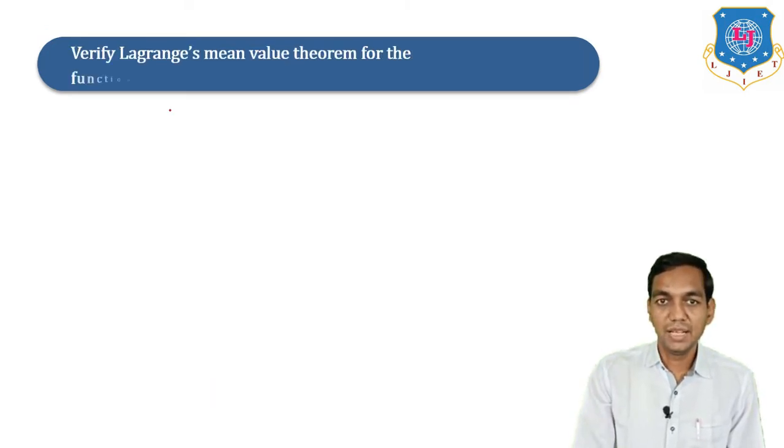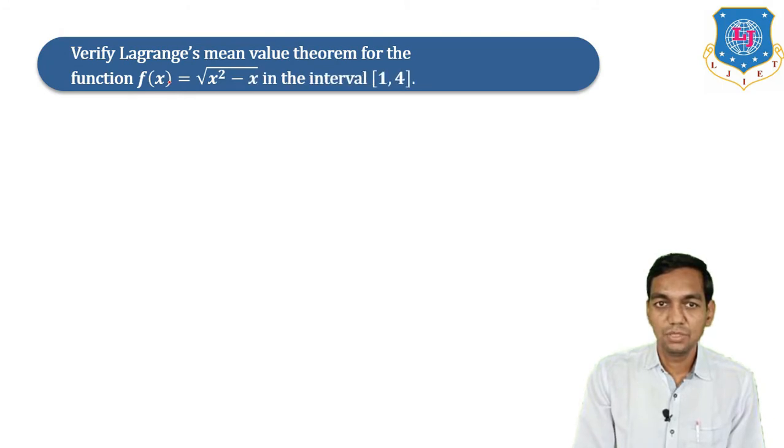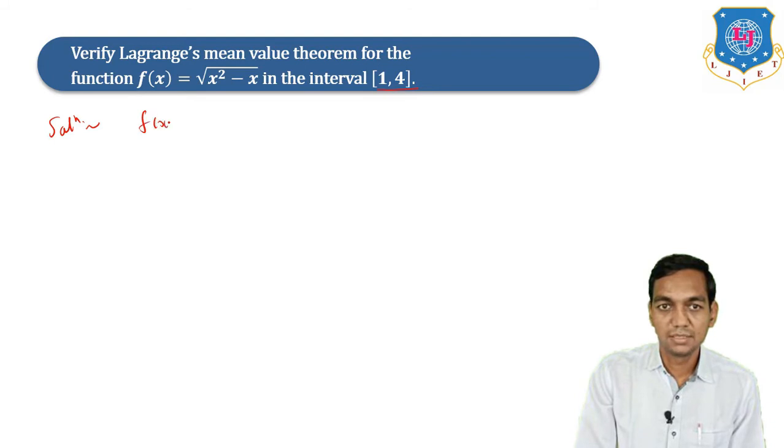Now, verify Lagrange mean value theorem for the function f(x) is equal to under root x square minus x in the interval 1 to 4. Now, starting with the solution, f(x) is root of x square minus x.